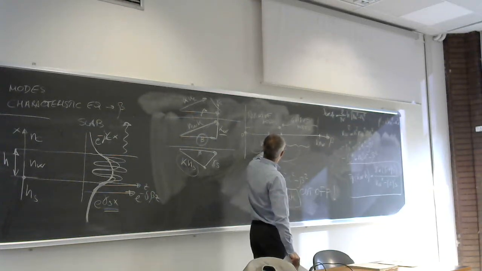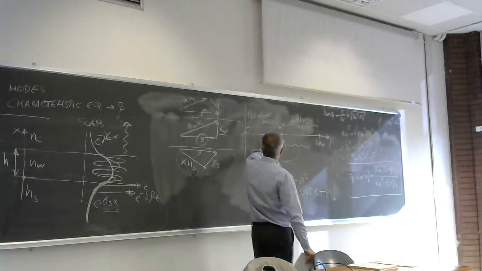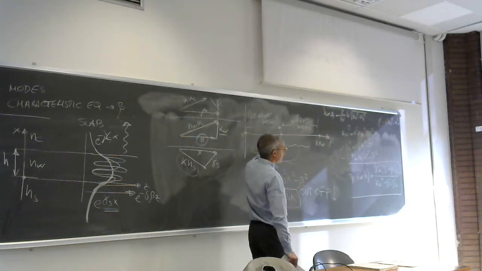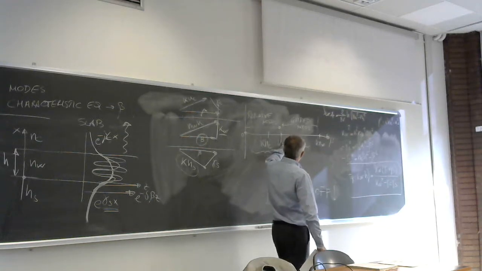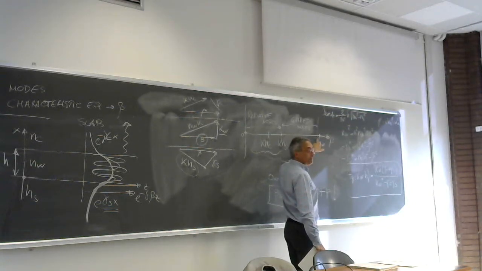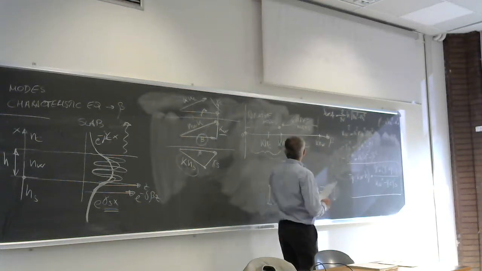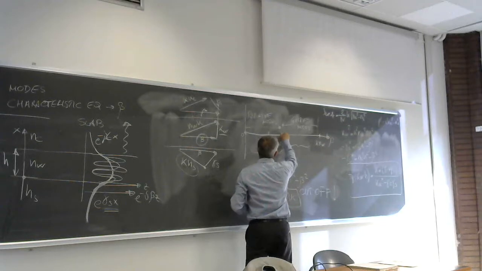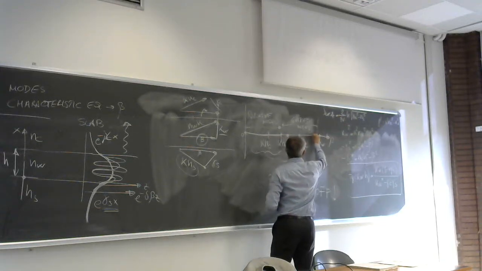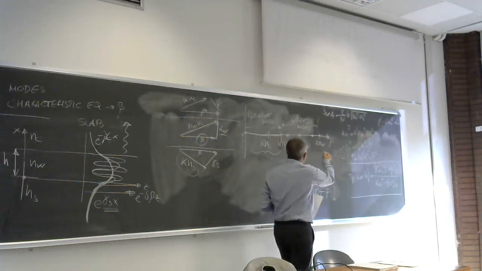From here to here, radiative modes of the cover and substrate. From here to here, radiative modes of the substrate. Here, guided modes. So beta can assume all these values, and then some here, because it's discrete.